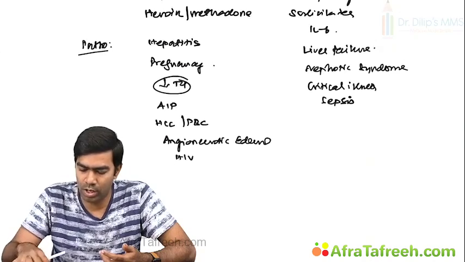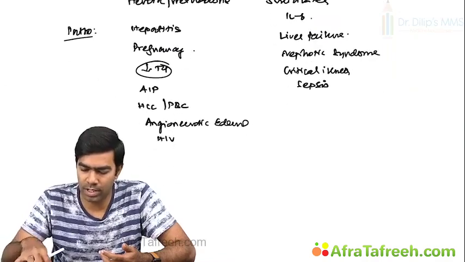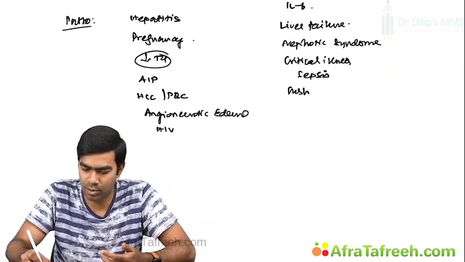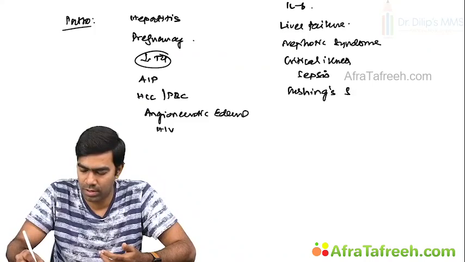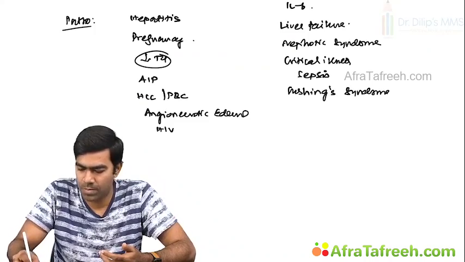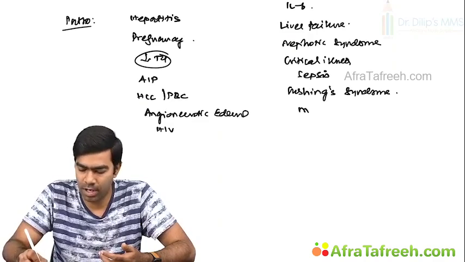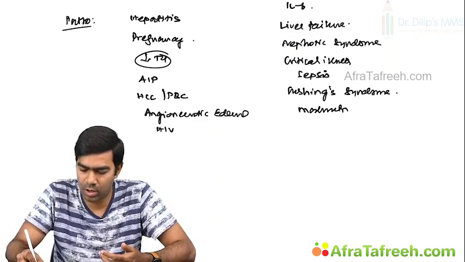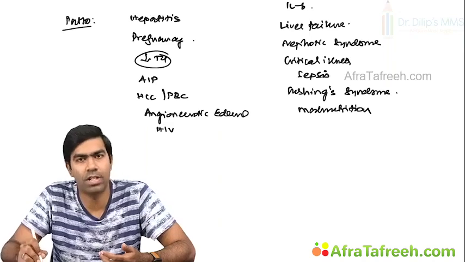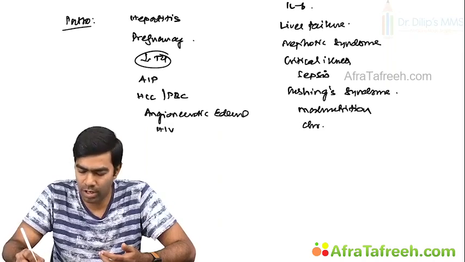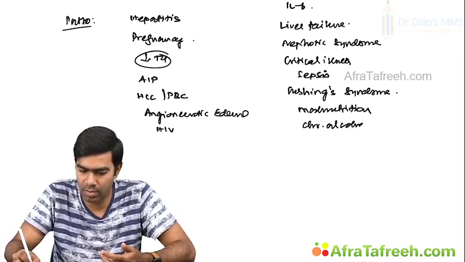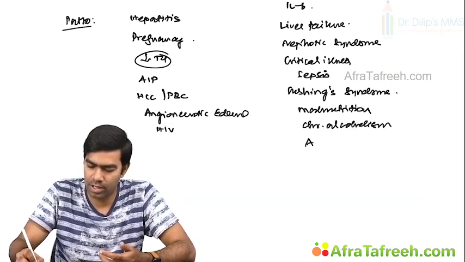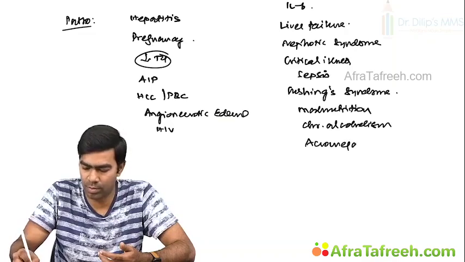And I told you the glucocorticoids are going to reduce the TBG, which means its equivalent pathological state is Cushing syndrome, which will have reduced TBG. And malnutrition obviously reduces synthesis of TBG, and chronic alcoholism, which is equivalent to malnutrition only. And finally, you can have reduced TBG with acromegaly as well.